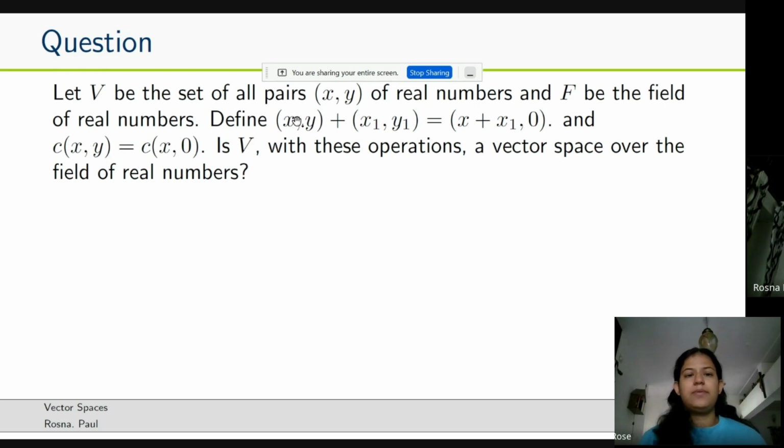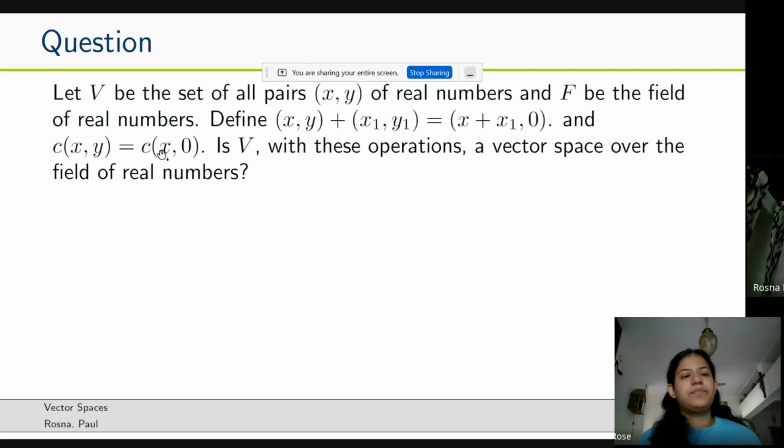If you take any ordered pair (x, y) and another ordered pair (x1, y1), we add them in such a way that the result is (x plus x1, 0). So whenever you add two elements from your R2, you get (x plus x1, 0). And the scalar multiplication is defined by c(x, y) gives you, sorry, the c should go inside, (cx, 0).